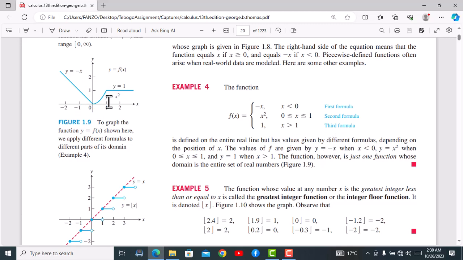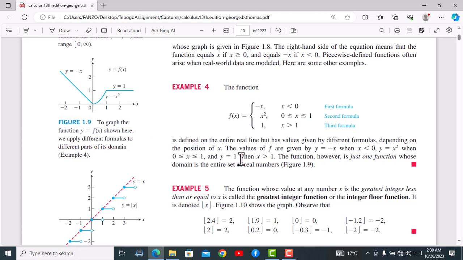This is true because it approaches negative infinity on one side and positive infinity on the other. Therefore the graph is defined on the entire real line, the real number system, but it has values given by different formulas depending on the position of x.